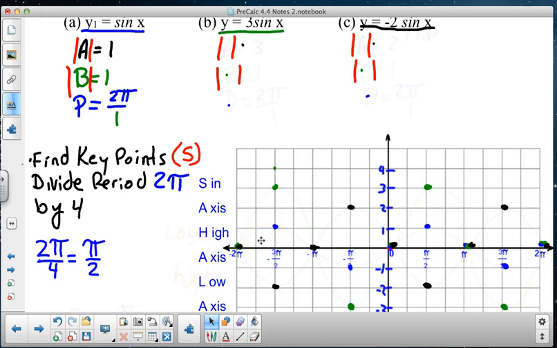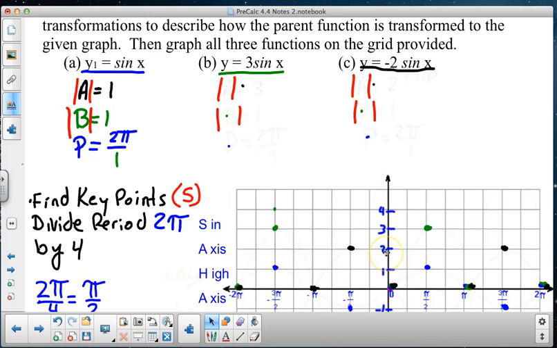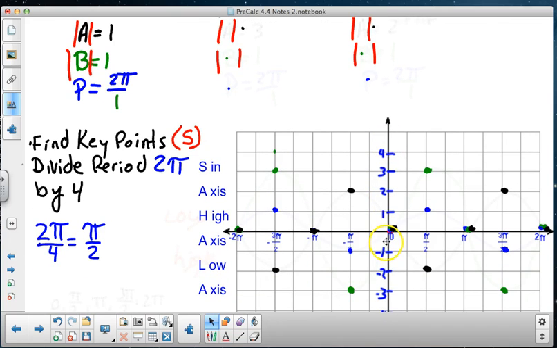But again, this first graph, it was sine, okay? And when we start it, generally I start graphing sine on the axis, and on the axis for sine, remember: axis, high, axis, low, axis.